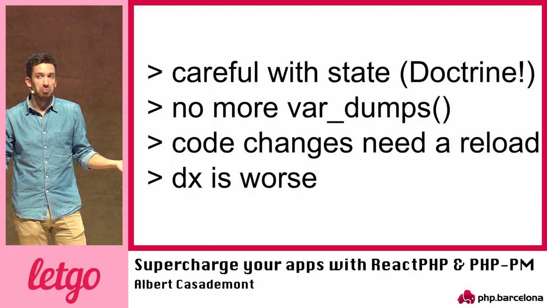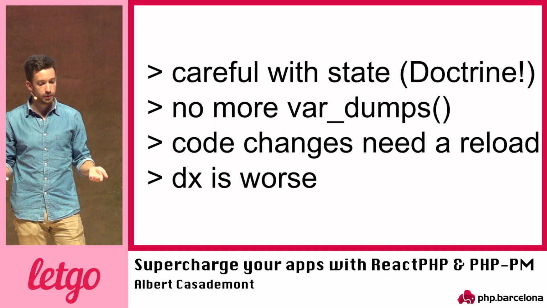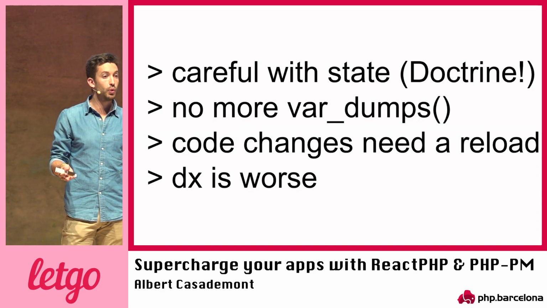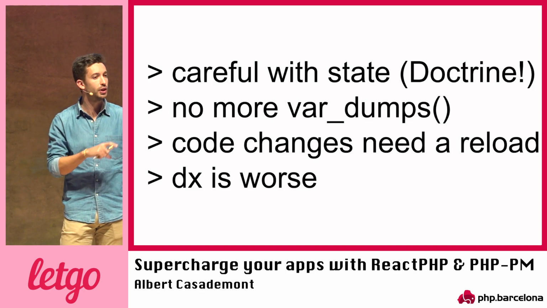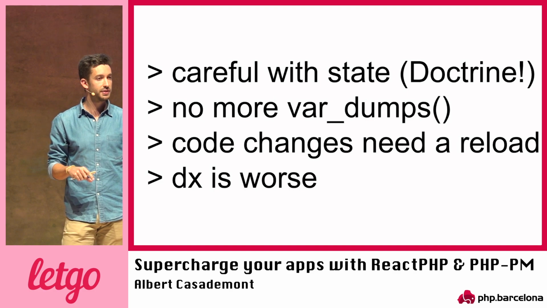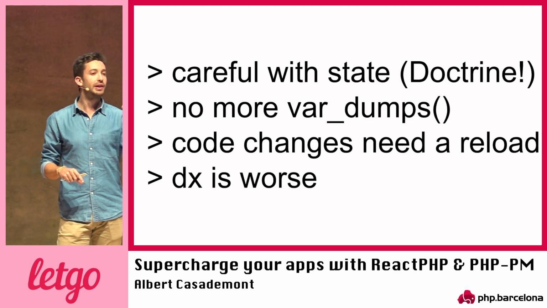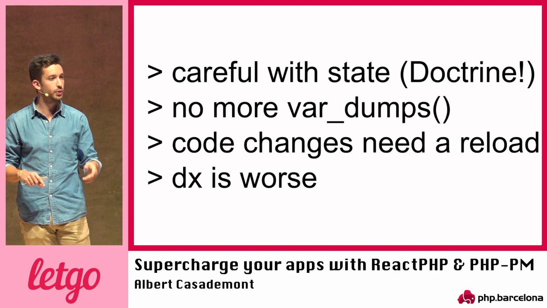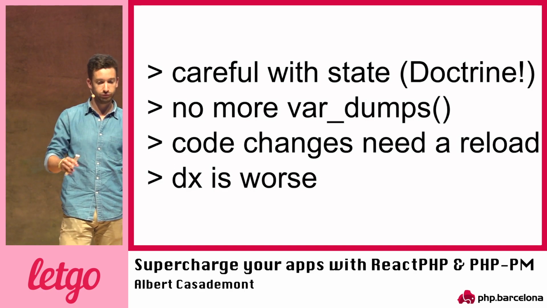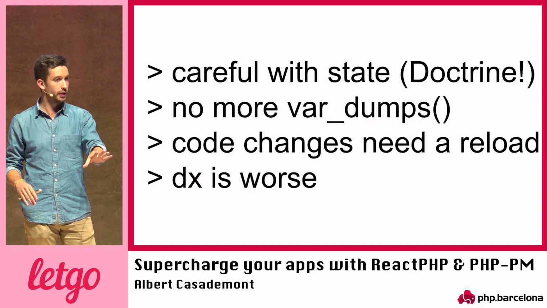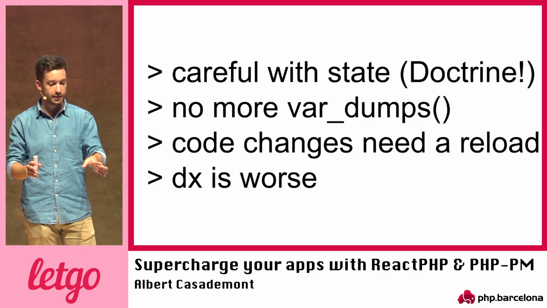But here, nobody will do that for you unless you do it. PHP-PM has some of these tricks already done for you. After every request, PHP-PM will clear the Doctrine cache for you so that you don't need to deal with it. But you need to know that when dealing with Doctrine, this is something you need to care about.